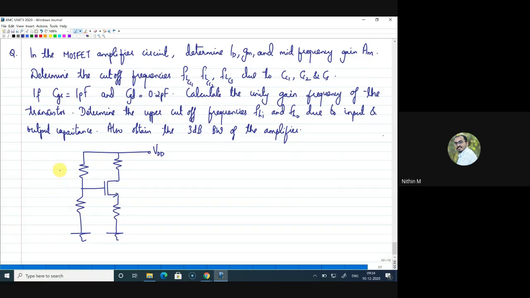The values are 30 mega, 10 mega, 4.7 kilo, 2 kilo, this is 10 kilo.